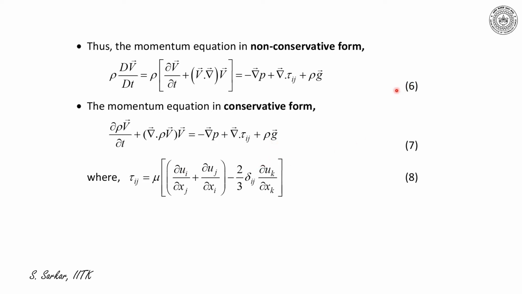That is equation 6 and equation 7, where tau ij, that is the stress, can be shown as mu within the bracket del ui/del xj plus del uj/del xi minus 2/3 delta ij del uk/del xk, where delta ij is the Kronecker delta. That is equation number 8.